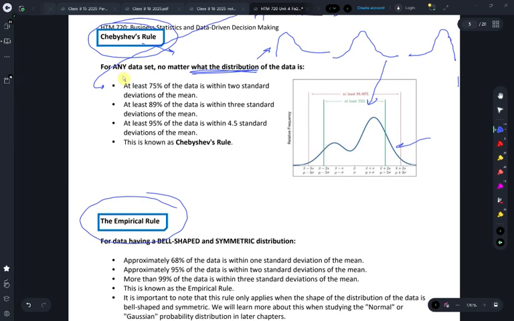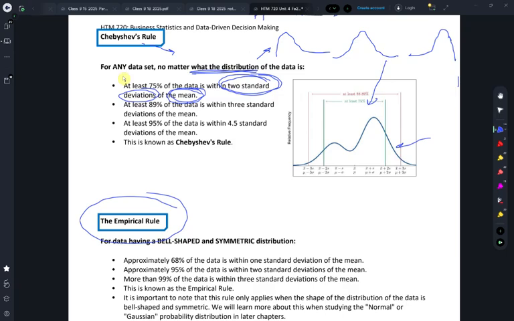For instance, if you collected data on, let's say, 1 million adult males, and it is pertaining to their heights, and someone asks you, well, even though you don't know what the mean is or what the standard deviation is for all of these heights, can you give an approximation of what percentage of these heights are within two standard deviations of the mean? Well, using Chebyshev's rule, you can say at least 75% of the data on heights will be within two standard deviations of the mean.